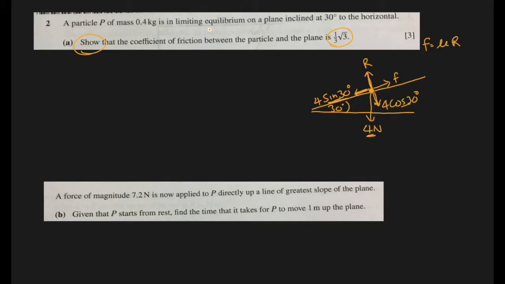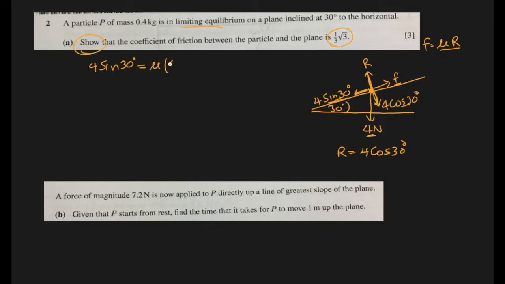Alright. Since it is in limiting equilibrium, that means this force 4 sine 30 will be equal to frictional force in this direction. That's why it is not moving, which is mu R. Mu we have to find, and R we just found. R is 4 cos 30 degrees because they are balancing out.